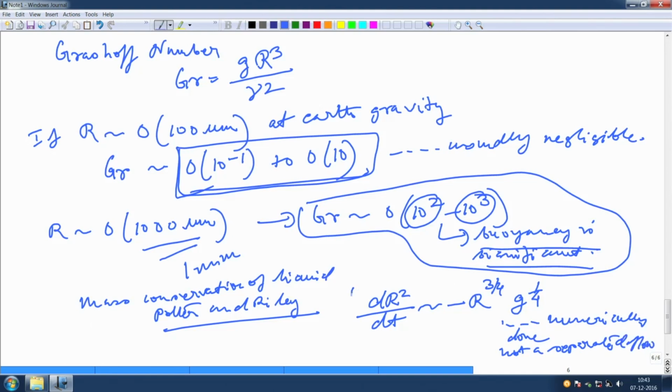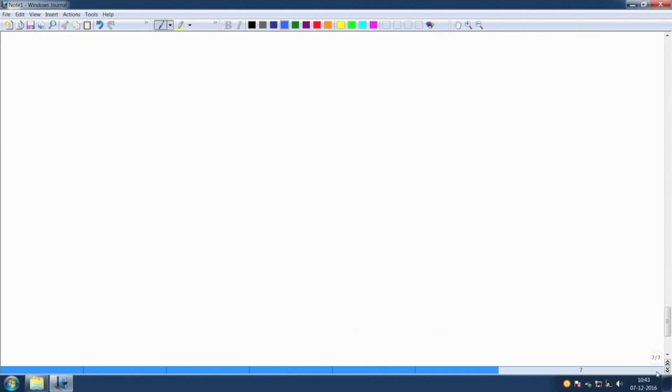That is the variation that these people got, the variation of the R square of the droplet, basically the reduction in area of the droplet, where R square is more like the area of the droplet. That is the variation that they found. These are numerical results, we are not going through the motions, we are just stating the obvious.